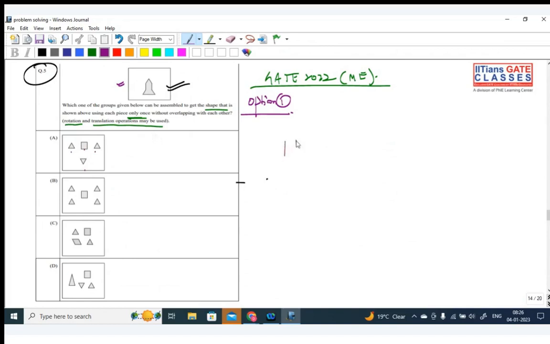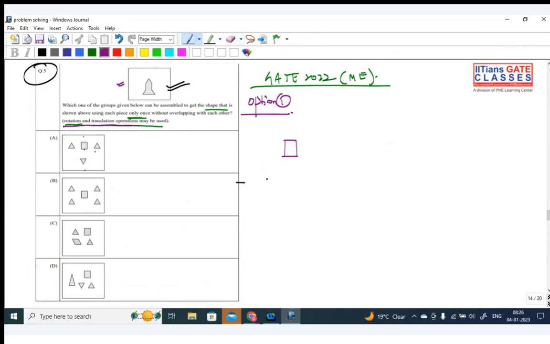Because if you take this, you can take this guy, or take down this and make it like this, but you can't take this on top of that, or you can take it like this. So it is very important to notice here that only two operations are allowed here, rotation and translation operations, right?